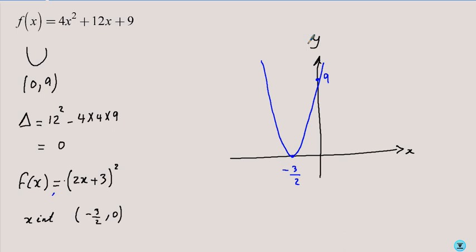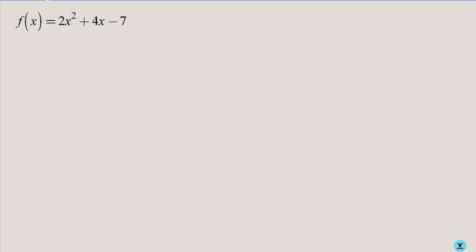Let's try another one. Just like we started before, it's concave up because the x squared coefficient is positive and the y-intercept is 0, negative 7.